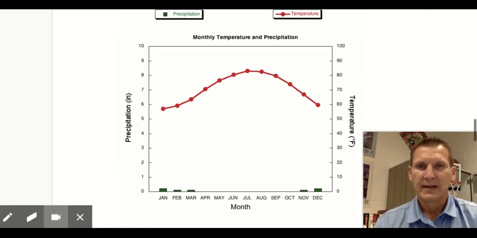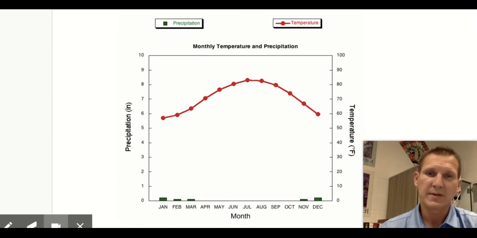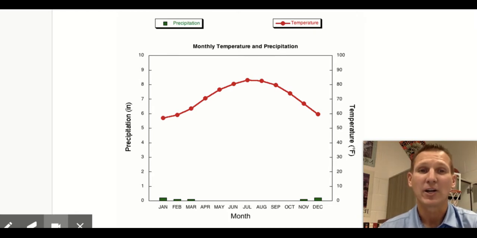All right. This one should be easy from figuring out the biome because you have hardly any rainfall. In fact, if you add those all up together, you bet, and this location has about 1 inch of rain for an entire year. That's absolutely a desert.